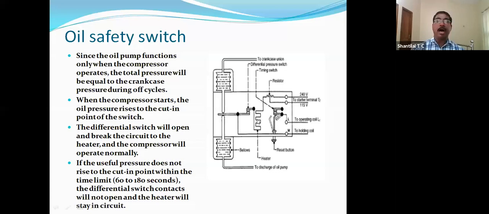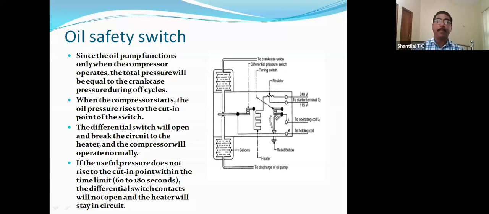While heating, these contact points will open, so the differential switch opens and breaks the circuit of the heater, and the compressor operates normally.